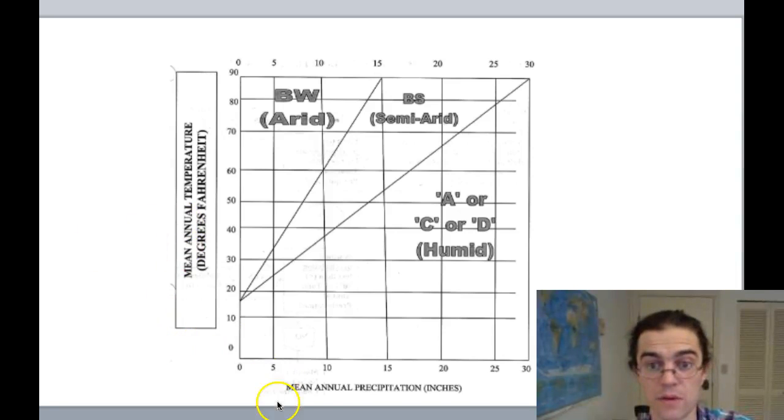We have mean annual precipitation across the bottom and mean annual temperature on the y-axis. Where those combine, you're either going to be in BW for arid, BS for semi-arid, or A, C, or D for humid.